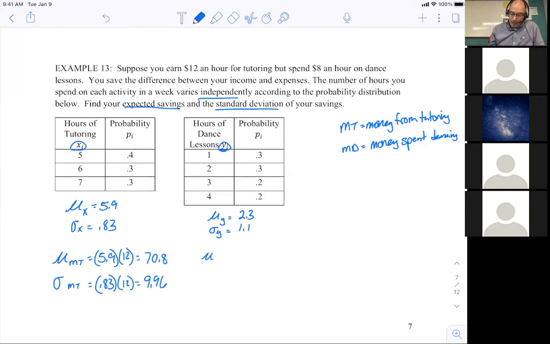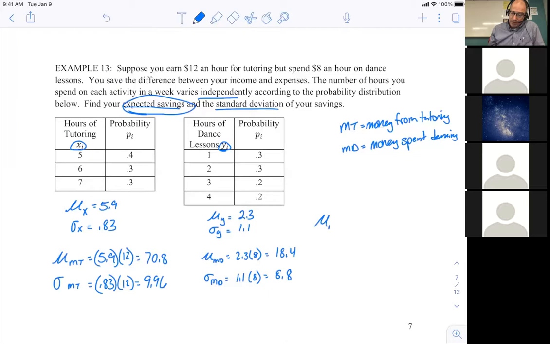The mean of my money spent dancing: we are spending $8 an hour to dance, so we're spending 18.4, and the standard deviation of my money dancing is 1.1 times 8, which gives 8.8. Now, we haven't even got to what it asked for, because we're talking about the difference that I put away.